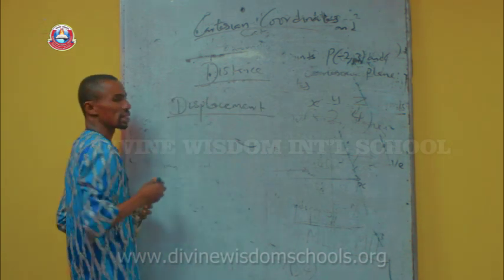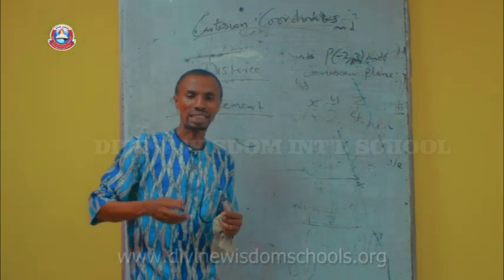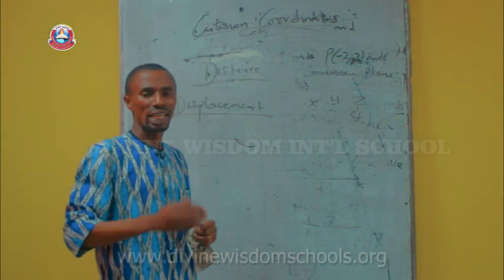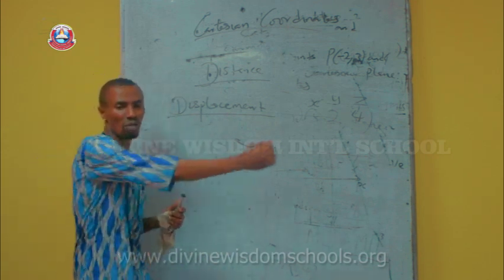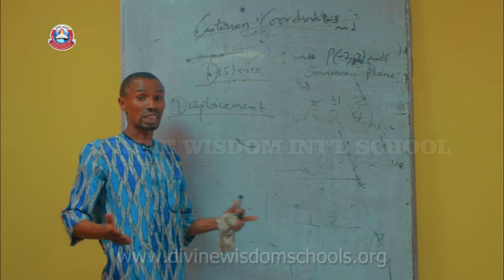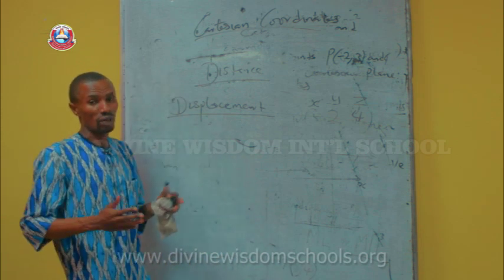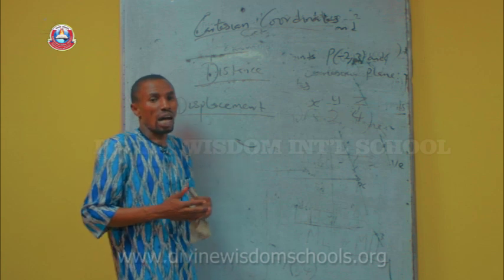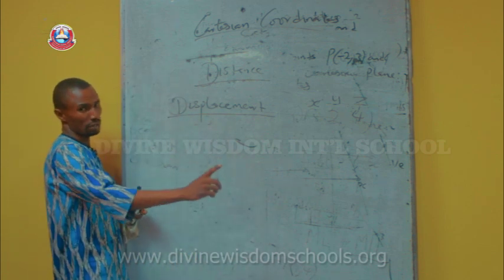The next one is displacement. Now, what is displacement? Displacement can be defined as the distance traveled in a specified direction, or the distance covered in a given direction. That is the definition of displacement. For example, if you are asked to do something and you said, "Mommy, I'm coming."